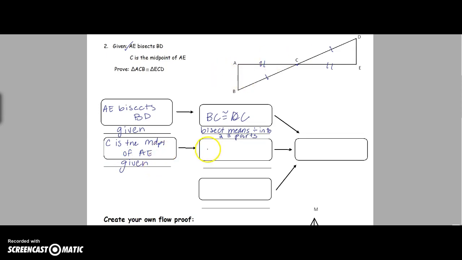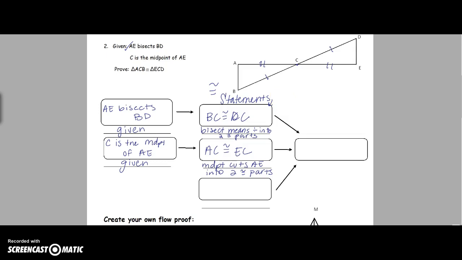So we can say AC is congruent to EC because midpoint cuts AE into two congruent parts, which again is going to tell us why these two triangles are congruent. So remember, here is your congruency statement. Always line those up.